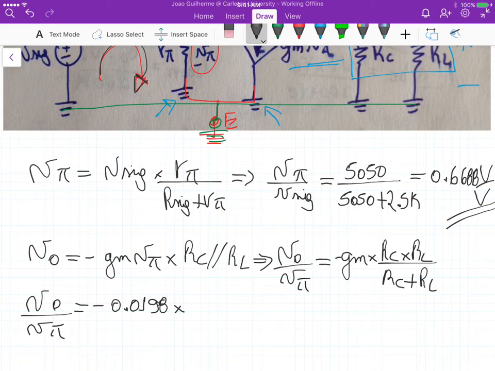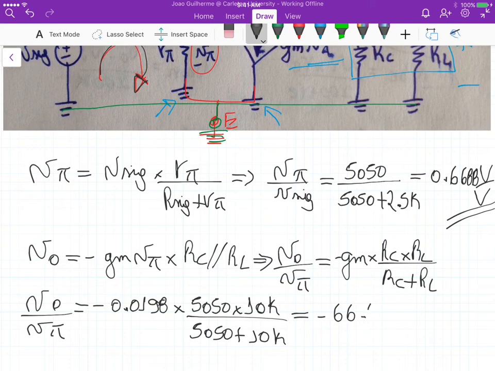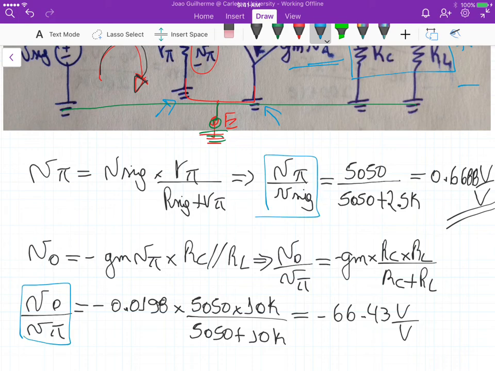Our RC we defined as 5K, times RL, so RL is given as 10K, divided by 5K plus 10K, and this gives us minus 66.43 volt per volt.